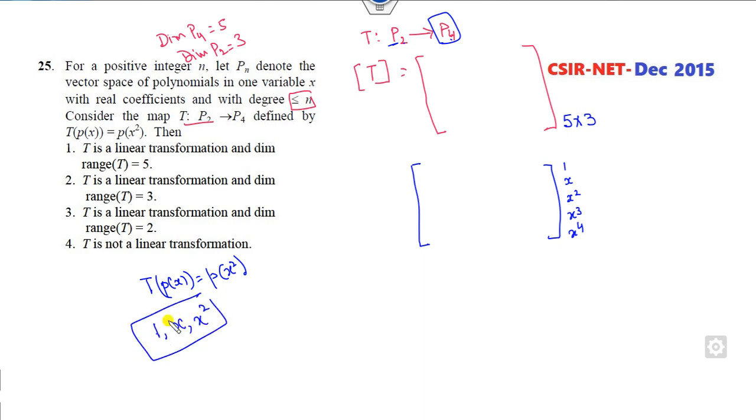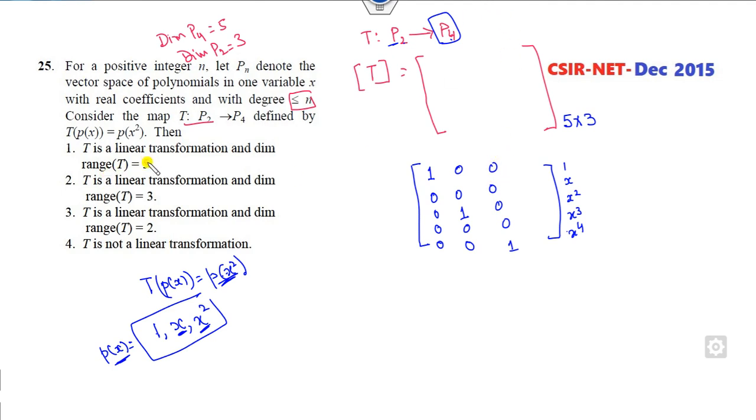If I consider 1, that is my p of x, it is 1, so that's my constant, rest are 0. If I consider p of x as x, it corresponds to x square, that is the third element, so it's 1 and the rest values are 0. If I consider x square, it becomes x raised to power 4, so the last element is 1, rest all values are 0.